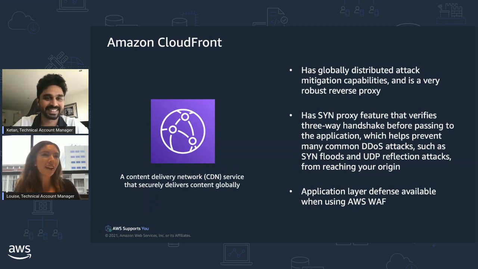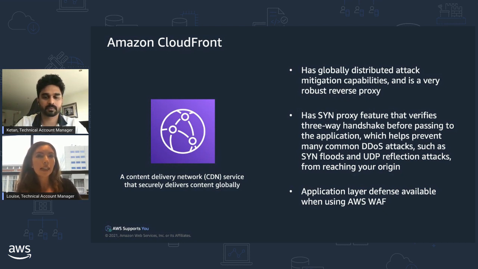So CloudFront is our content delivery network service, our CDN service that securely delivers content globally. Basically, CloudFront caches your content at the edge locations all over the globe, and you can leverage CloudFront to build availability protection against all known infrastructure layer attacks, making it even more resilient.